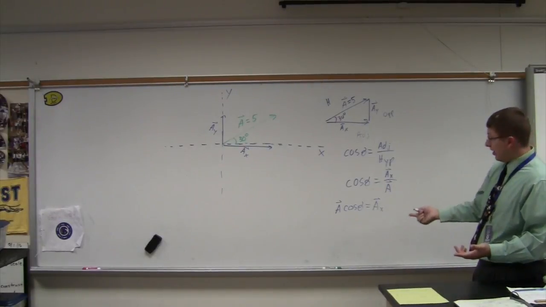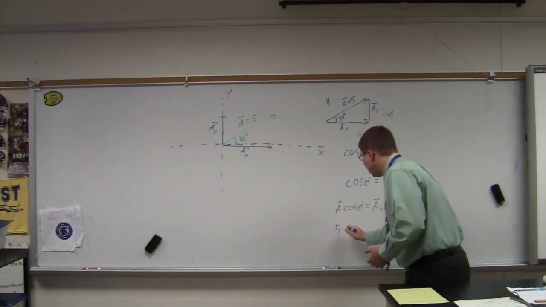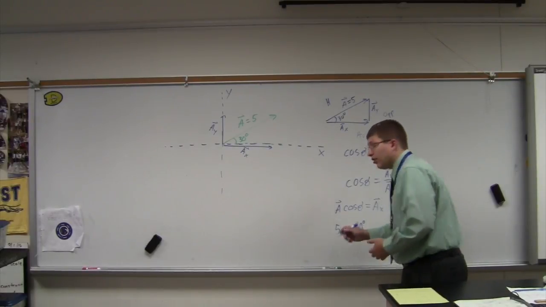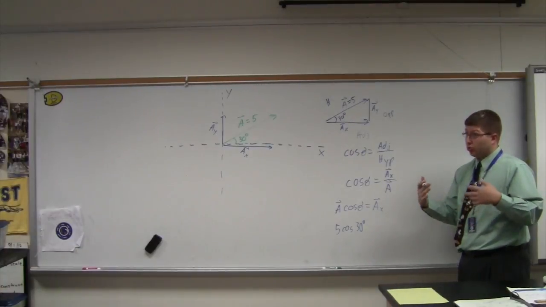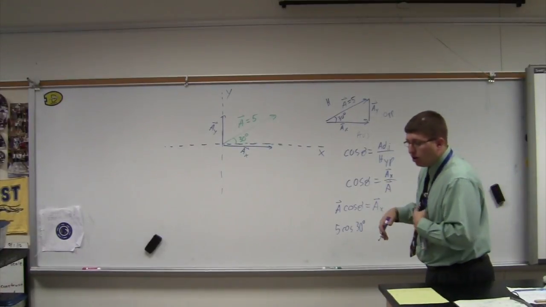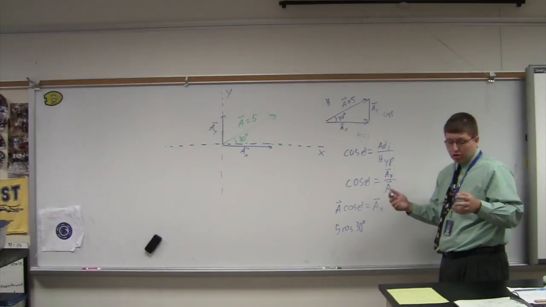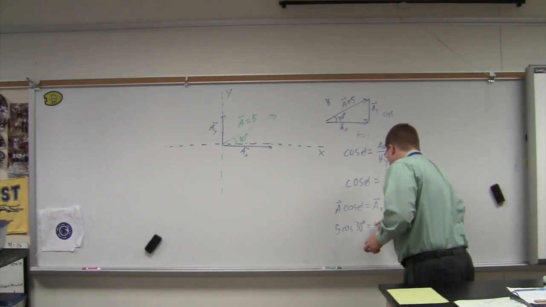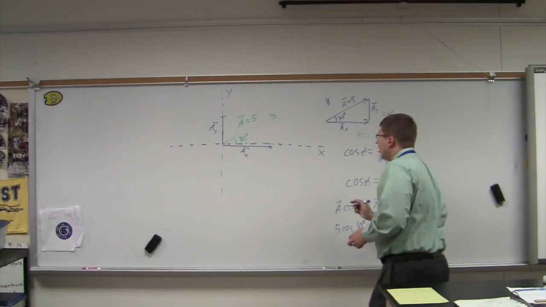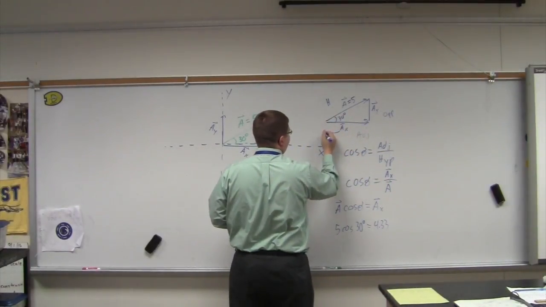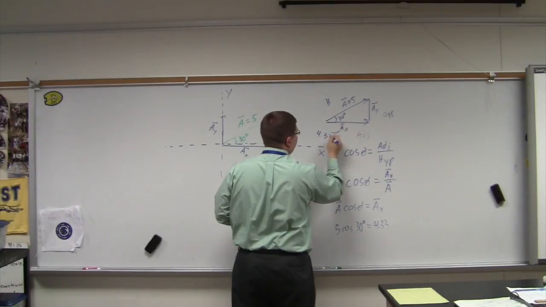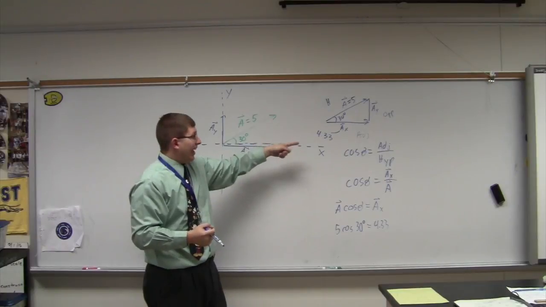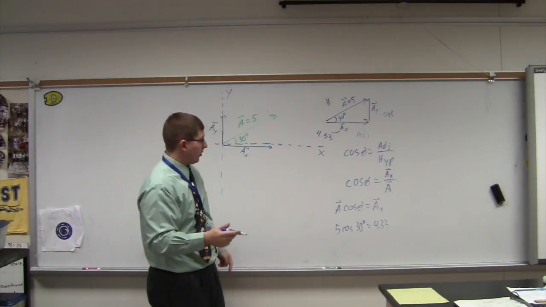And so then I should be able to actually get a number here. 5 cosine 30 degrees. Again, assuming your calculator's in degrees mode, not radians mode, you should get 4.33. And so AX has a magnitude of 4.33. So now we know vector A all by itself has a magnitude of 5. AX has a magnitude of 4.33.